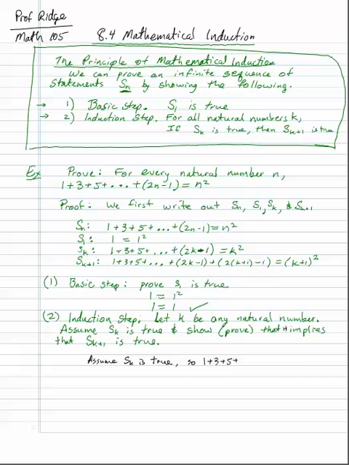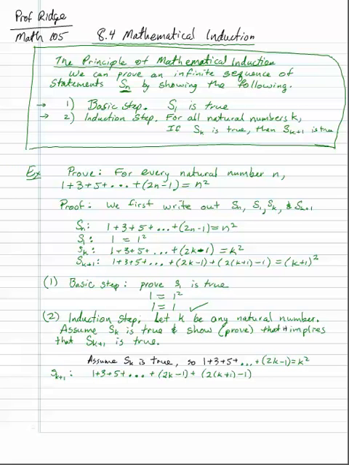We're assuming S sub k is true, so 1 plus 3 plus 5 plus dot dot dot plus 2k minus 1 equals k squared. And then we're going to try to prove that S sub k implies that S sub k plus 1 is true.